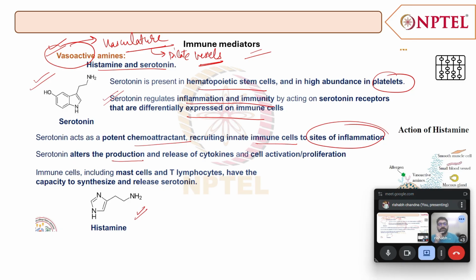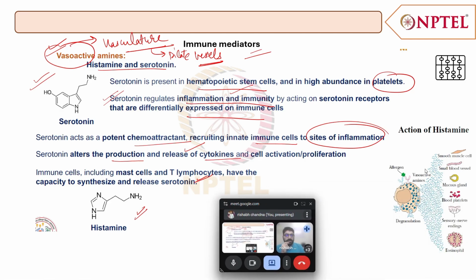It alters production and release of the cytokines as well as cell activation and proliferation. The immune cells, including mast cells and T lymphocytes, have the capacity to synthesize and release serotonin. So these are the major functions of serotonin. It helps in regulating inflammation and immunity, as well as attracting different innate immune cells to increase the immune response.